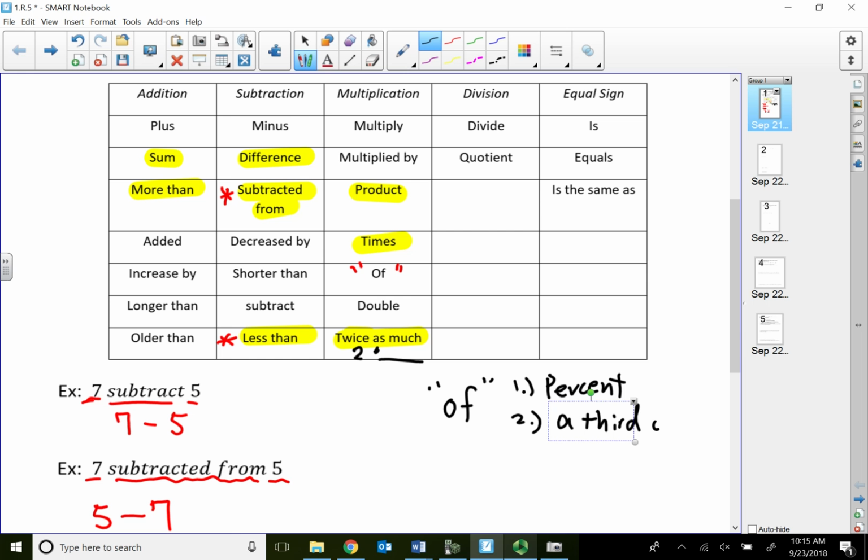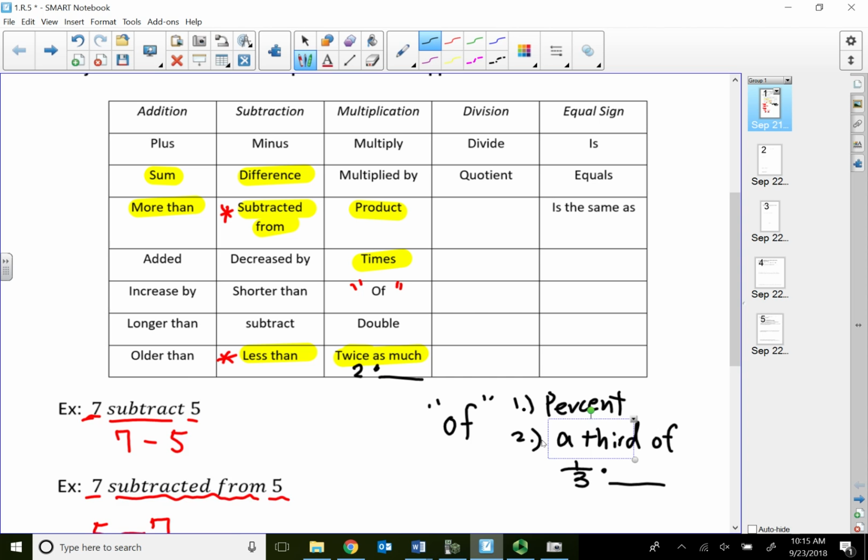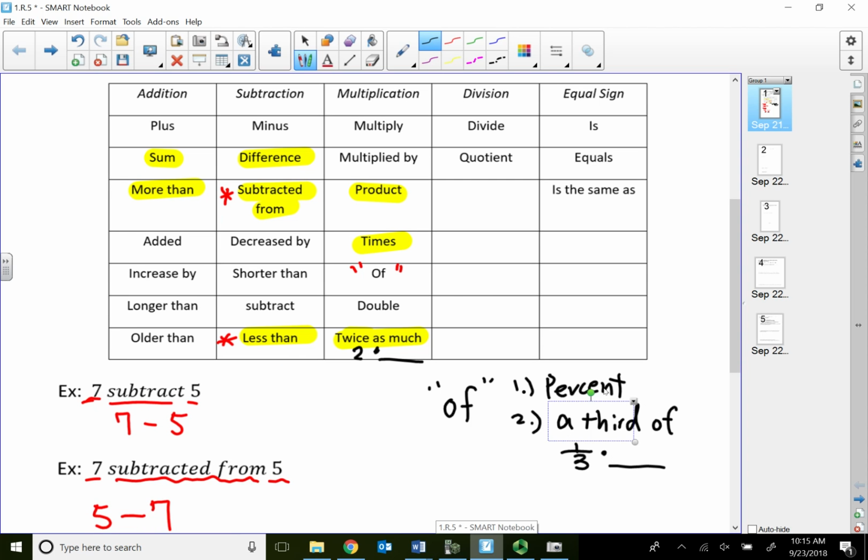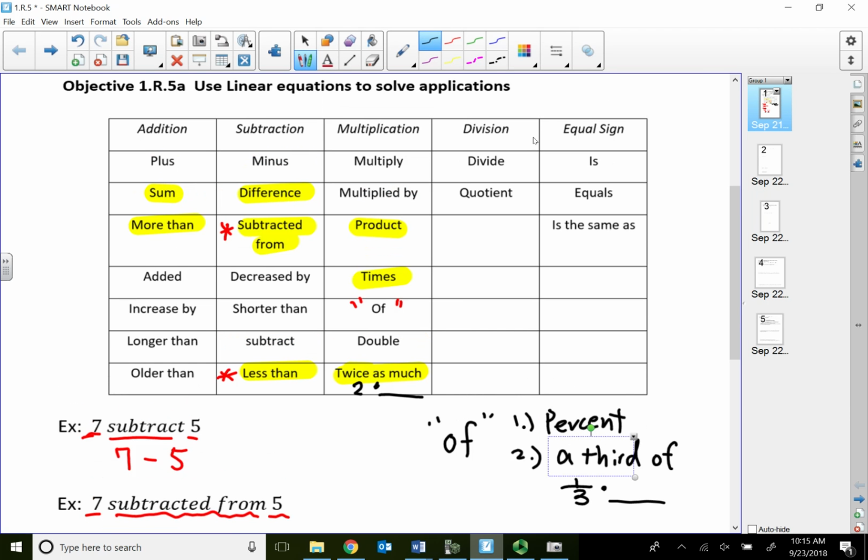A third of means 1/3 times something. Half of, 2/3 of. So that's when the word of means multiplication, when it's attached to fraction wording.